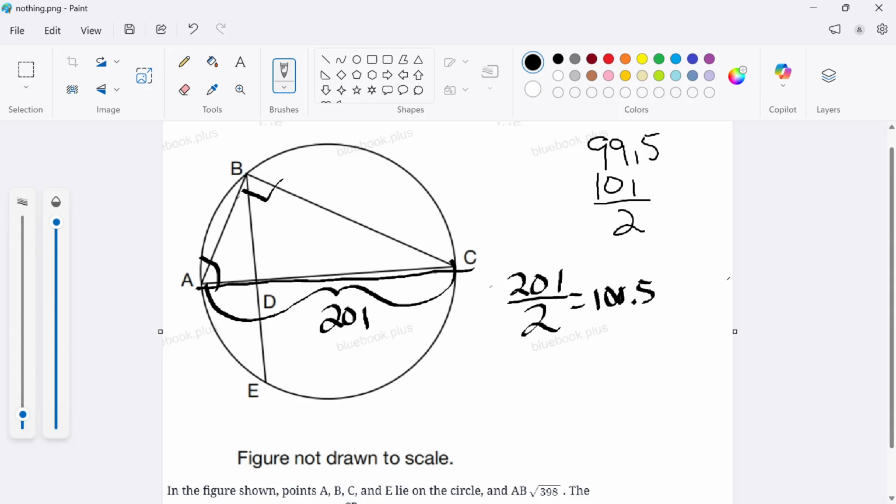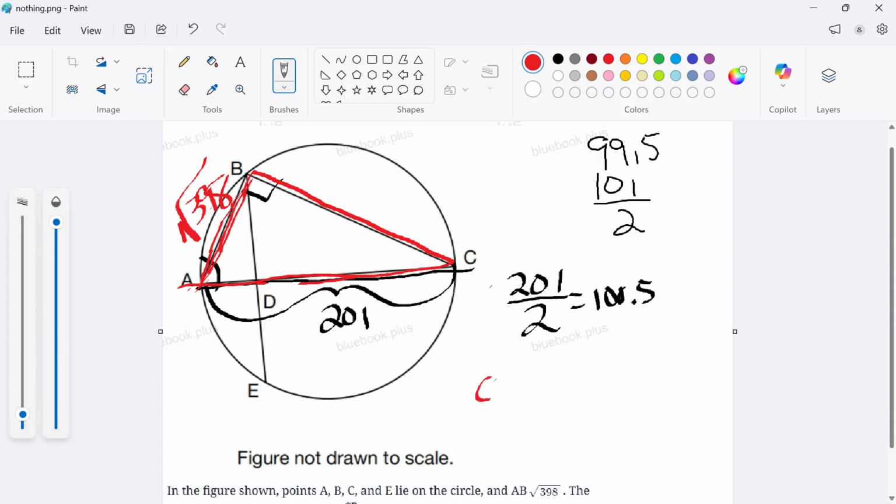Look in the big triangle, I'll outline it in red. Angle A is adjacent, wait a minute, I know this is square root 398. I know that's 201. Angle A in the big triangle is adjacent to 398, which is a side, a leg, the short leg, and there's a hypotenuse.